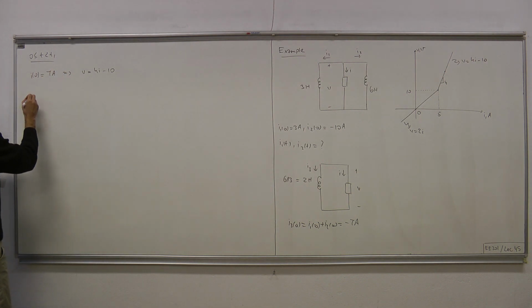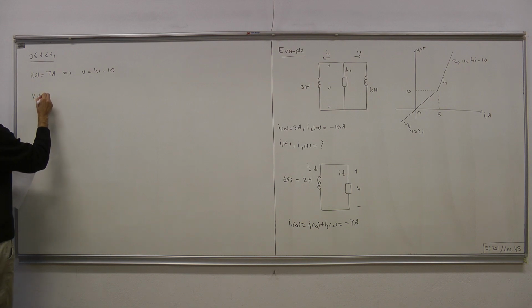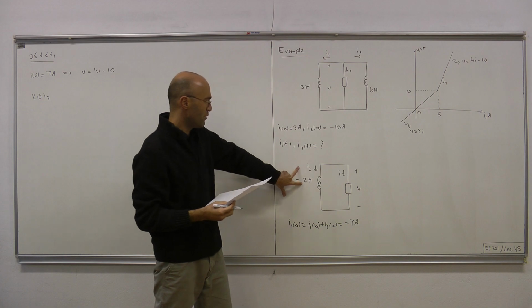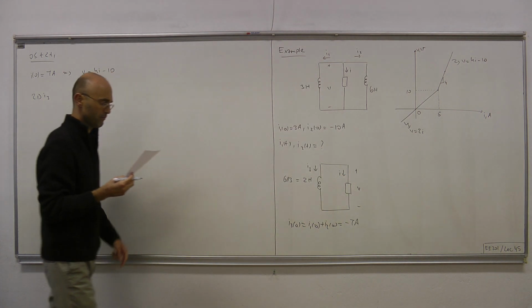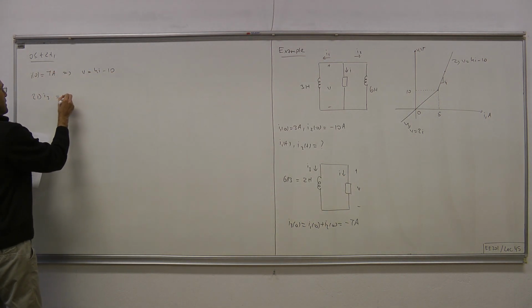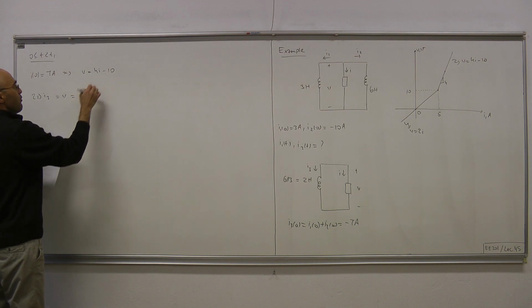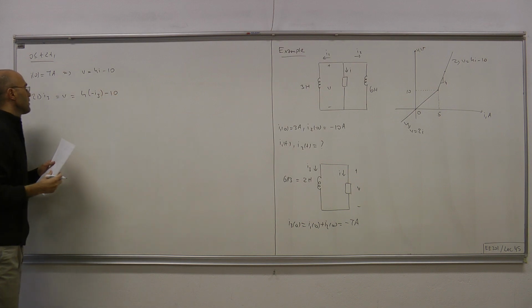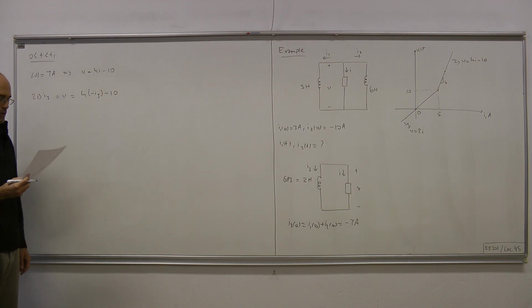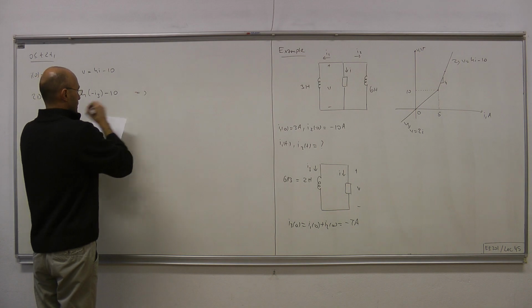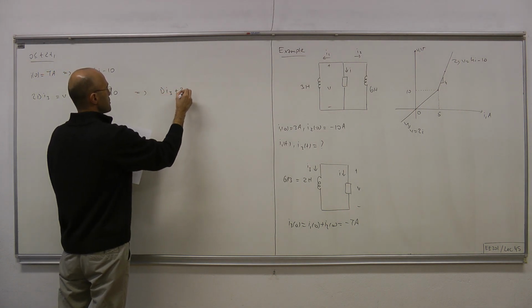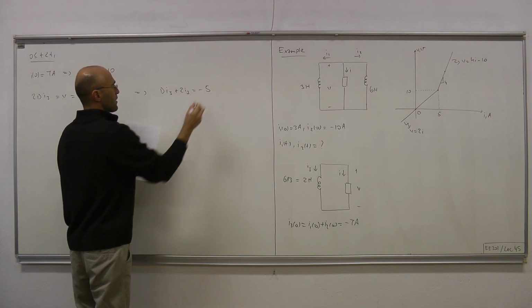We have L di3/dt, and L is the effective inductance 2, equals V3, and V3 is no other than V. That equals V, and V is 4I minus 10, and I is minus I3. And that's our differential equation. Let's rewrite it: di3/dt plus 2 I3 equals minus 5.